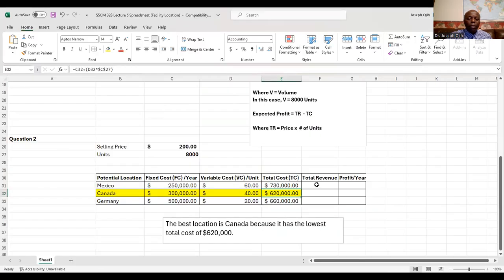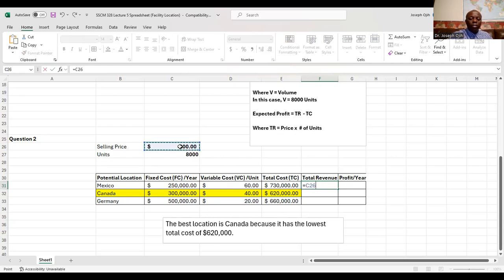So total revenue again is price times number of units. It will be the same for the 3 countries because the same price and the same number of units are sold. So it's equals 200 times, the asterisk symbol is the times in Excel, 8,000 units.